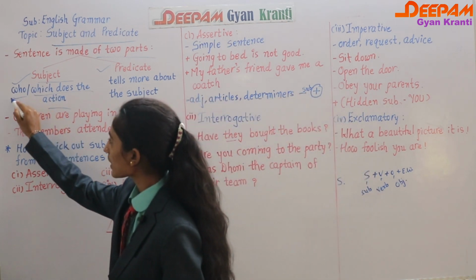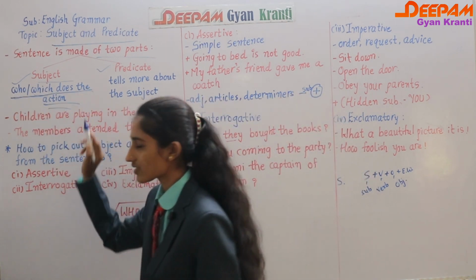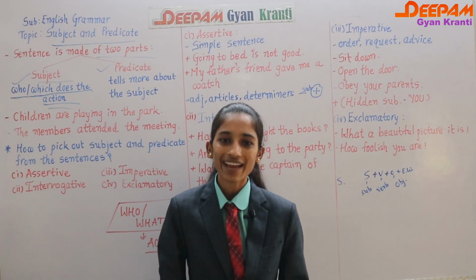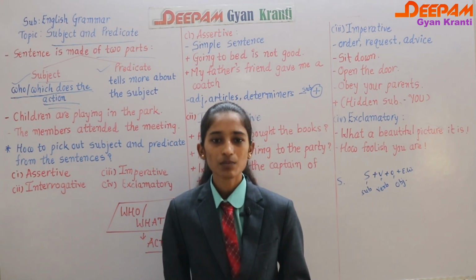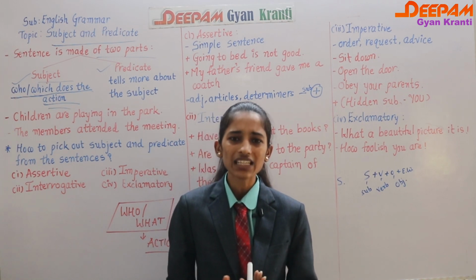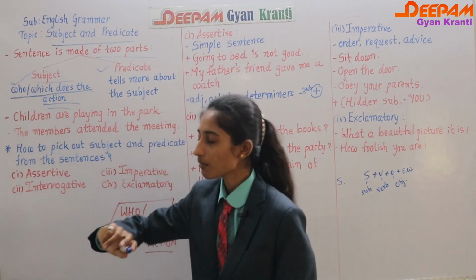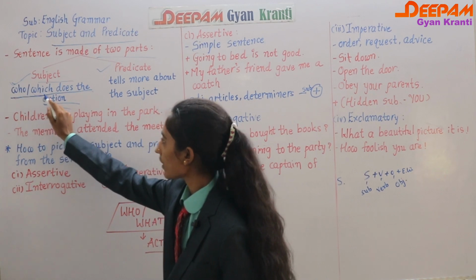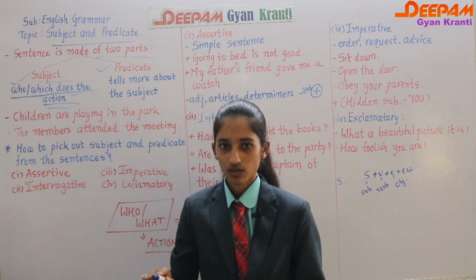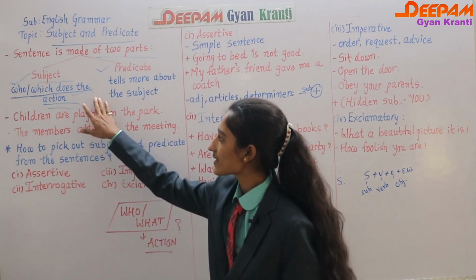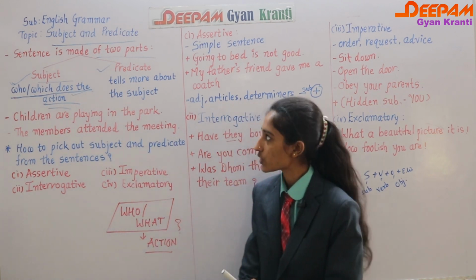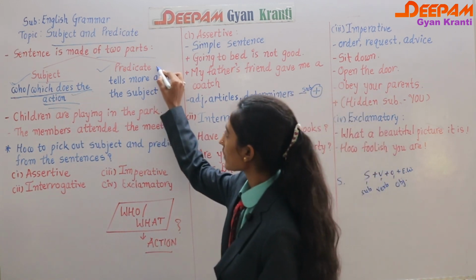But before that, subject means who or which does the action. Action means reading, talking, laughing, anything that indicates action. What you have to remember is that the person who does the action is your subject, and the rest, the second part, is the predicate.